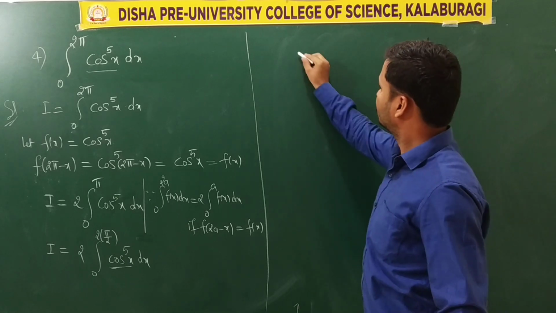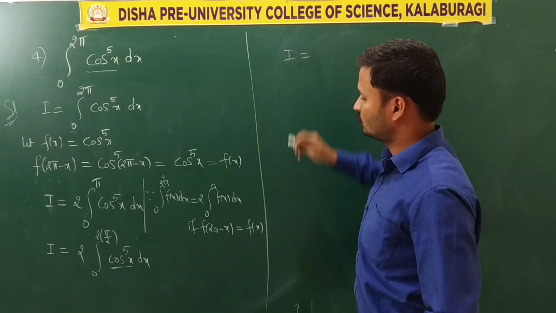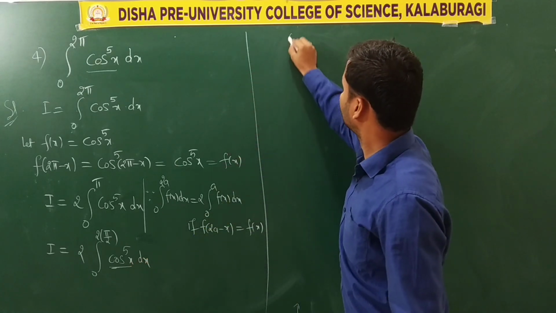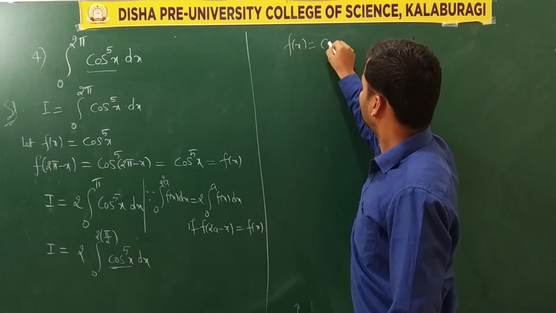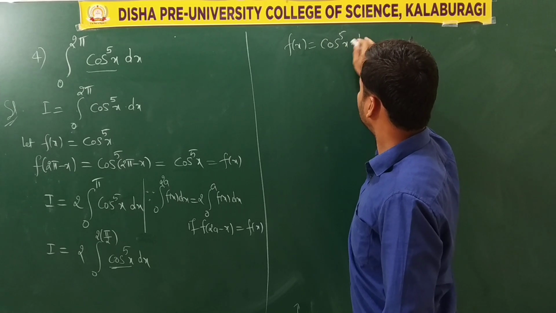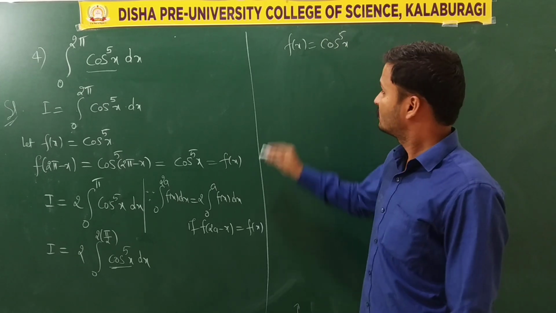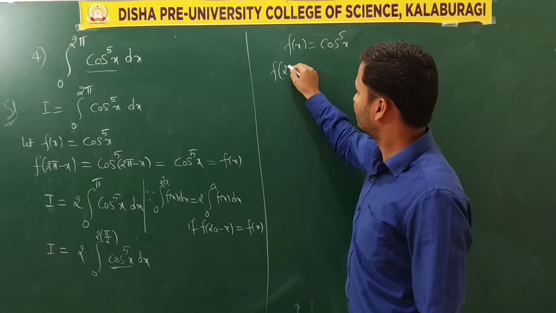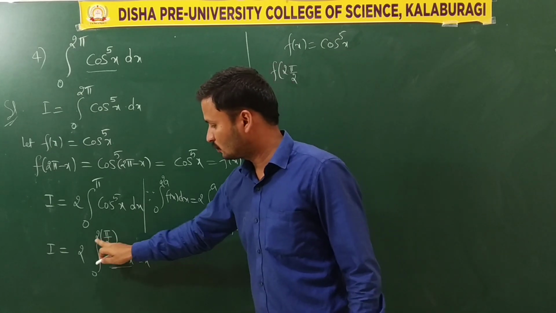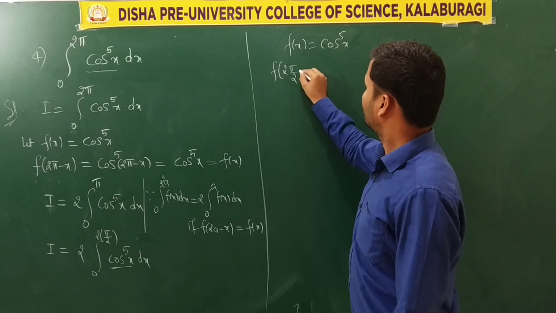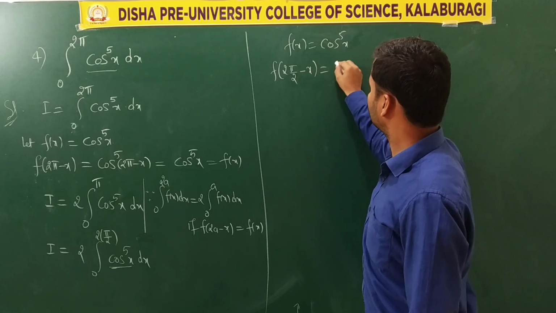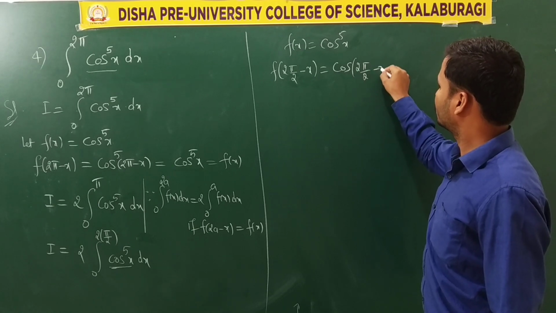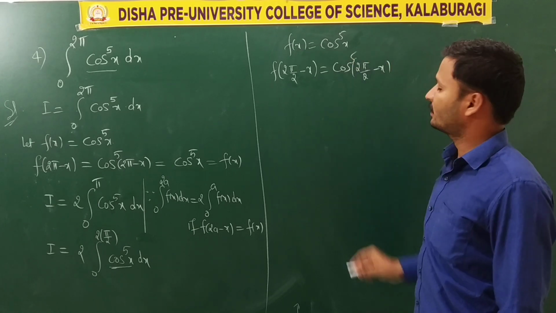So integral I is equal to, wait a minute. So here f of x is again cos raised to 5x. Okay, so let's check our property. f of 2a, 2 times pi by 2, correct? So f of 2a minus x is equal to cos of 2 pi by 2 minus x raised to 5.